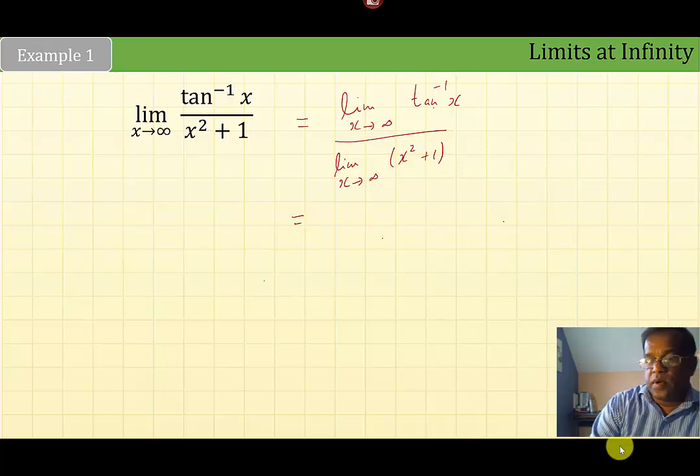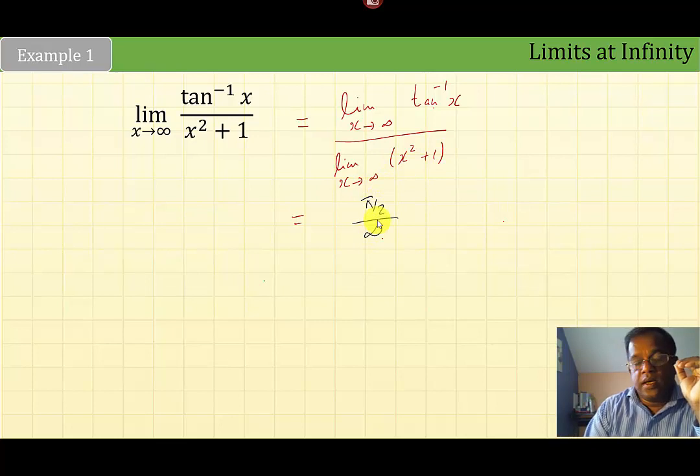We know as x approaches infinity, tan inverse x approaches pi over 2. And the denominator x squared plus 1 approaches infinity. The numerator approaches pi over 2, which is a small number like 1.5 something, and so this approaches 0.